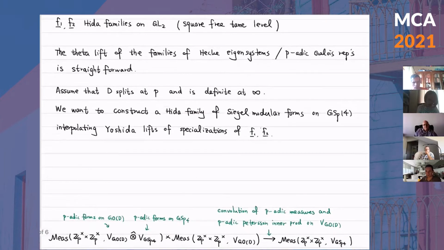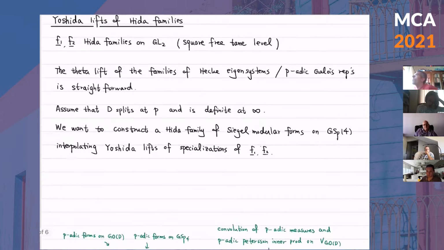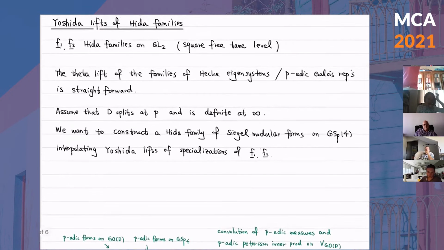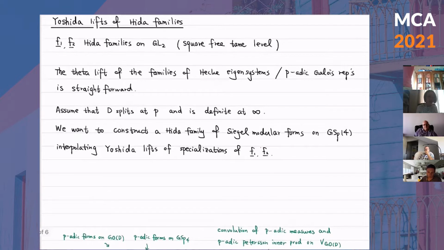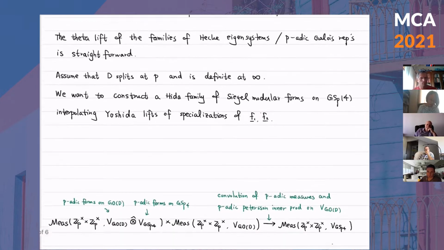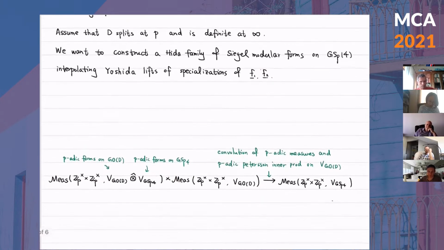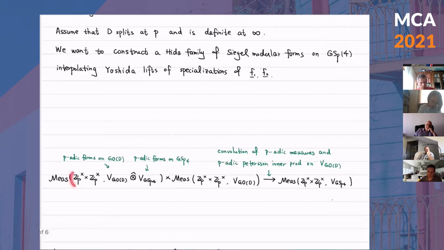We're going to view the families of p-adic forms as measures over Zp cross Cp valued in the space of p-adic forms. They are viewed as measures over Zp cross Zp because of the rank of both the orthogonal group and the symplectic group.